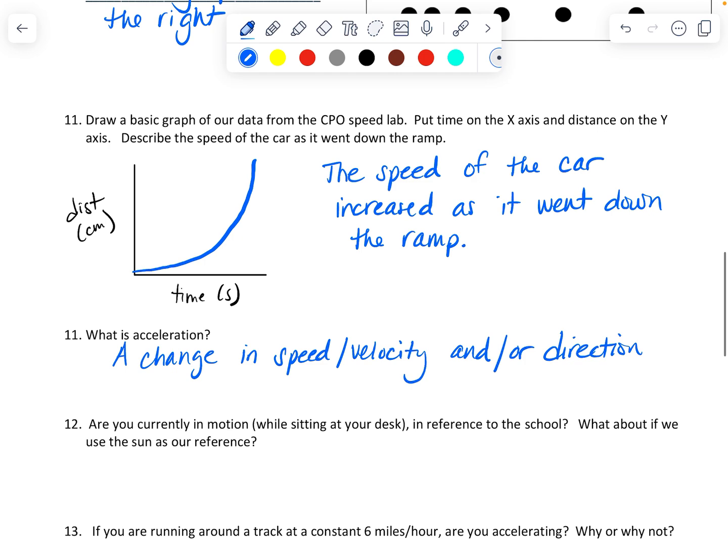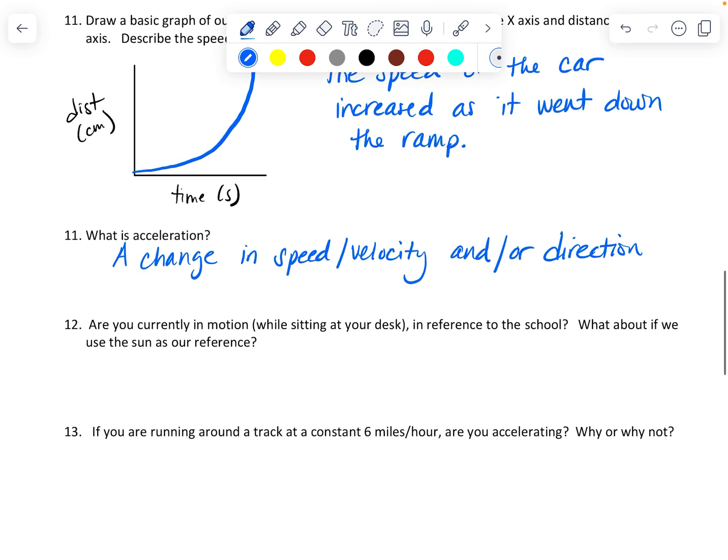Okay, we already talked about acceleration, change in speed and velocity and/or direction. This one, we talked about a couple weeks ago. Are you currently in motion while sitting at your desk in reference to the school? So if you're sitting still at your desk in reference to the school, you are not in motion.